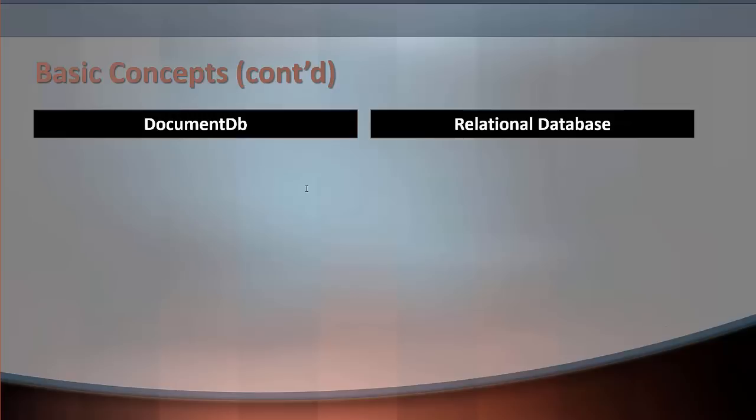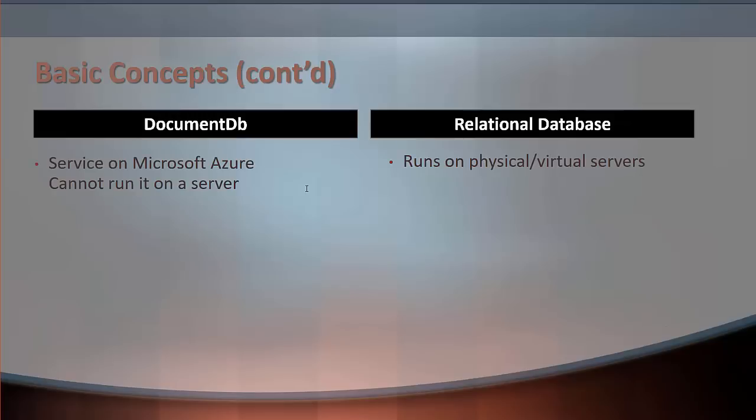As we continue, this particular item actually is only applicable to Azure DocumentDB. It's a service. It is not something that you can download and install and run on a server. If you're coming from relational databases, you're used to running your database in physical or virtual servers, not DocumentDB.